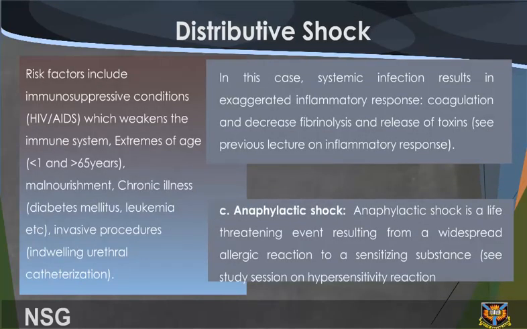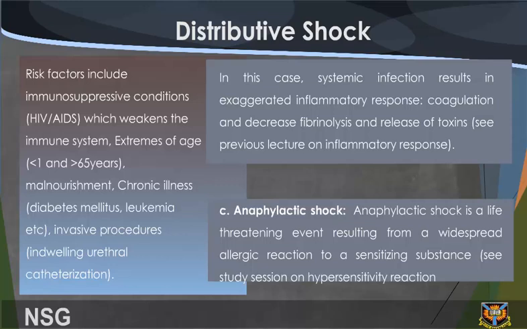Risk factors include immunosuppressive conditions, HIV/AIDS, which weakens the immune system, extremes of age, less than 1 and greater than 65 years, malnourishment, chronic illness, diabetes mellitus, leukemia, etc., invasive procedures, indwelling urethral catheterization.